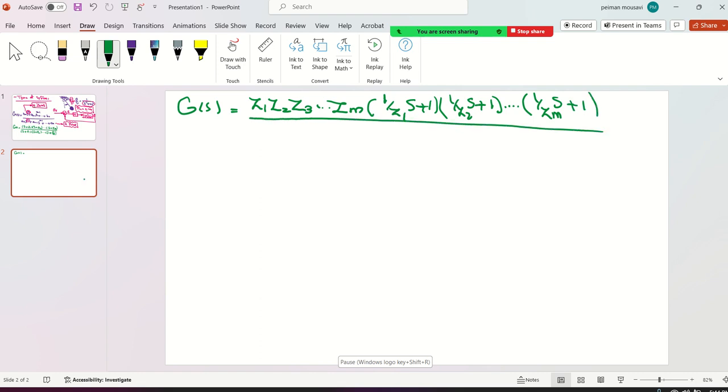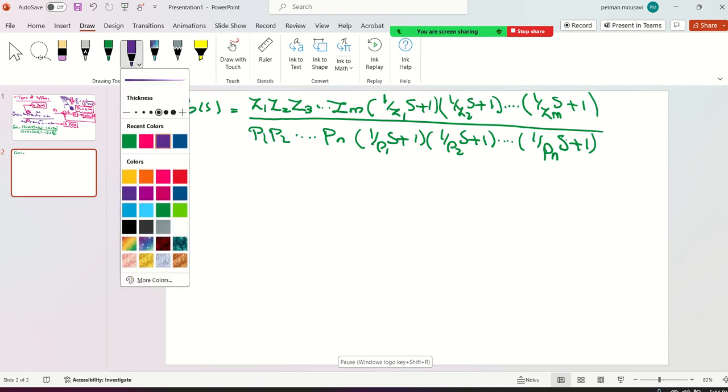The same for the poles: p1, p2, pn, 1 over p1 s plus 1, 1 over p2 s plus 1, 1 over pn s plus 1.